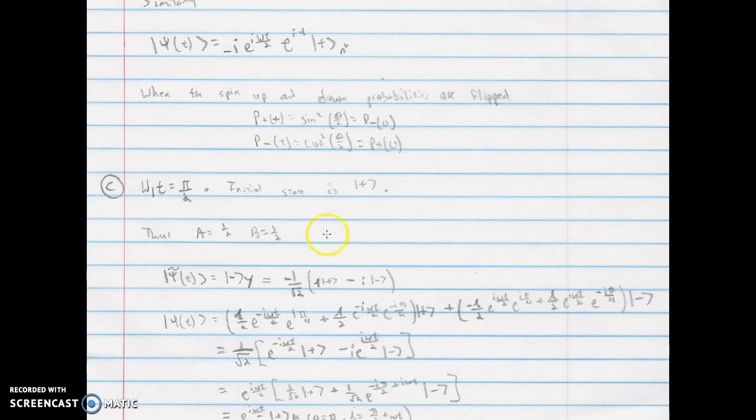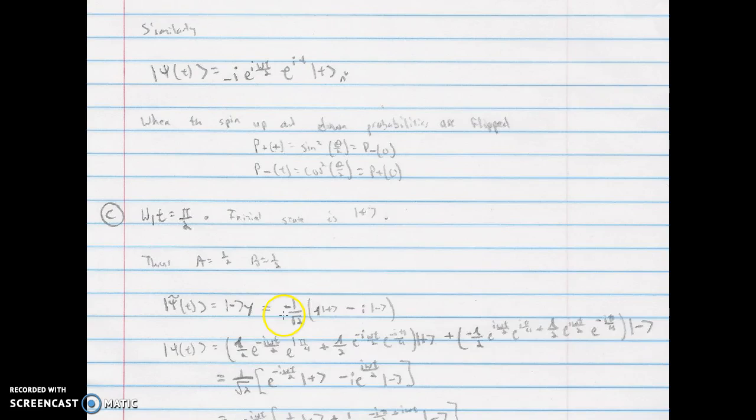Sorry, I misspoke there. It's not because of the initial state. It's because when we plug in this pi over 2, the cosines and sines cancel out in the a and b equations above, and we just get a equals 1/2 and b equals 1/2.